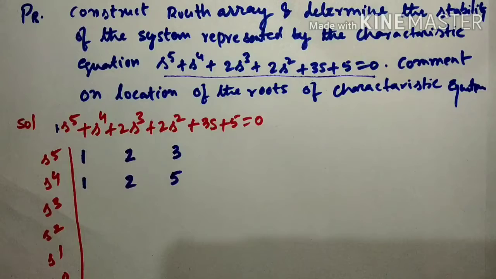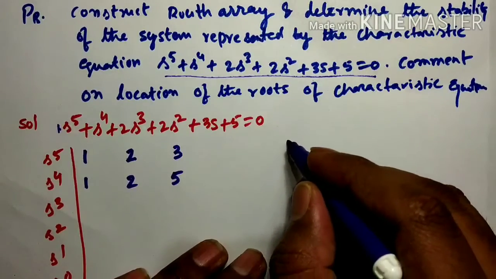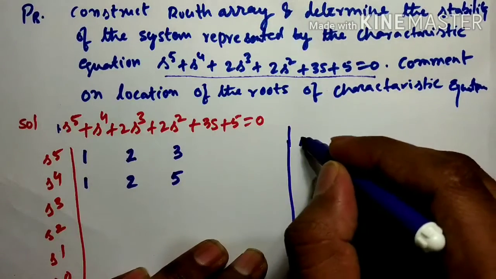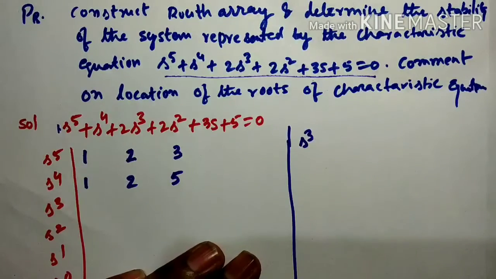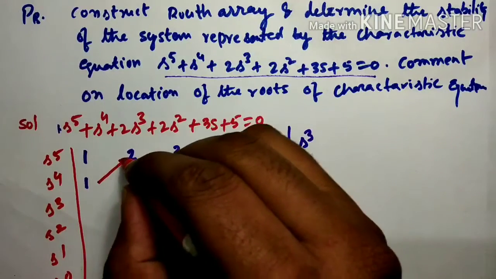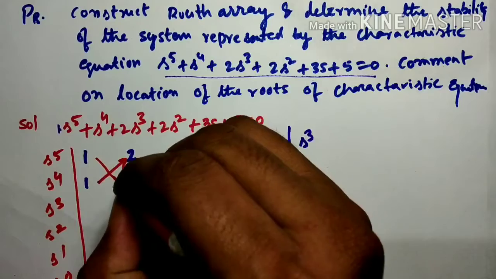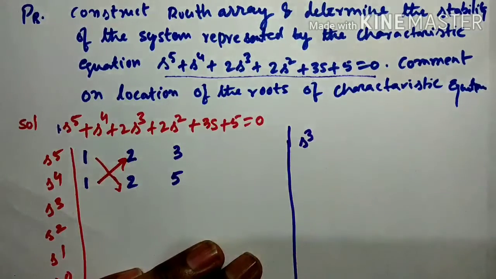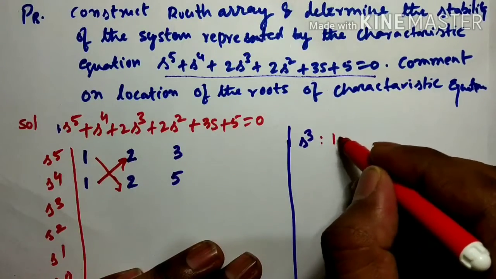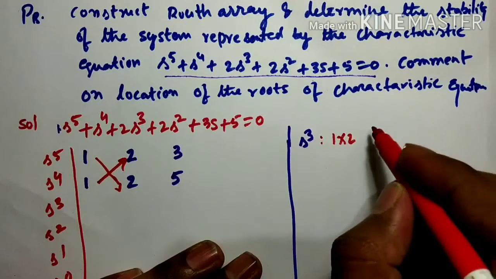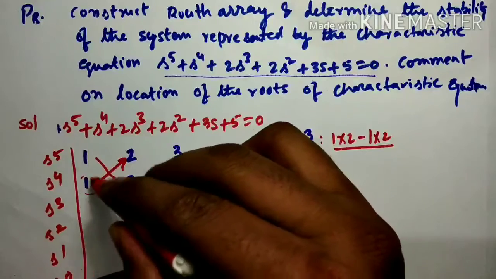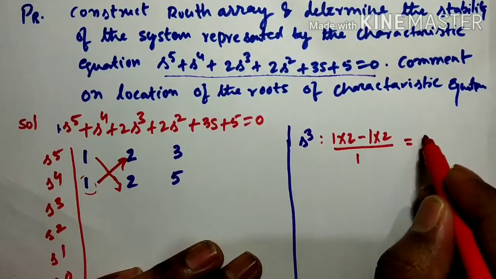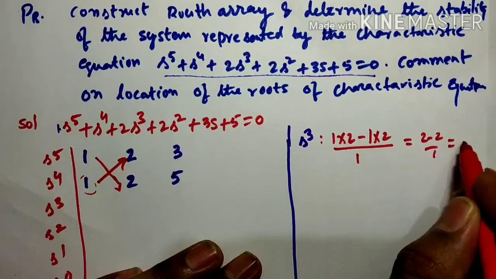How do we formulate it? We need to find the s^3 row. The upper product is positive and the lower one is negative. So it is (1 into 2 minus 1 into 2) divided by 1, which is 2 minus 2 by 1, equal to 0.